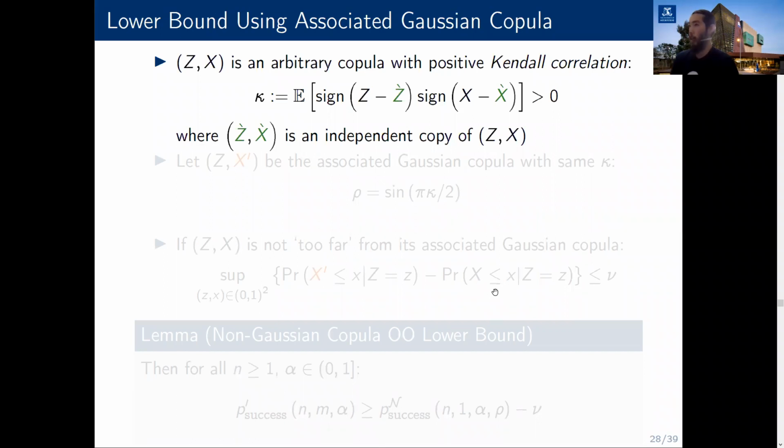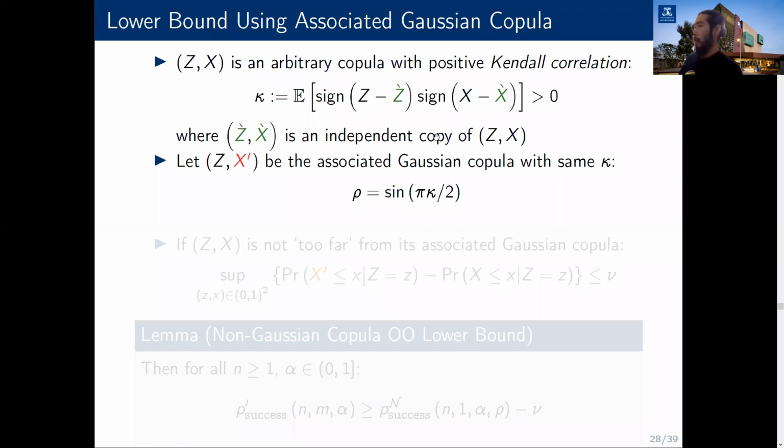However, we can still come up with a lower bound on the success probability by relating it to our results from the Gaussian copula. Now, to be more precise about this positive dependence condition I've talked about, let's say our arbitrary copula has a positive Kendall correlation defined by this expectation here. Then we can define the associated Gaussian copula for this arbitrary copula as the Gaussian copula with the same Kendall correlation, which has rho equal to this relationship here.